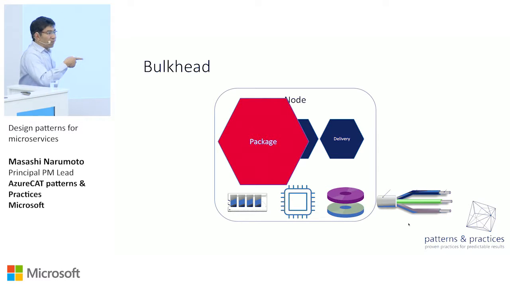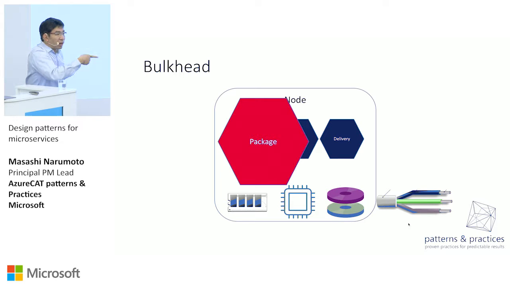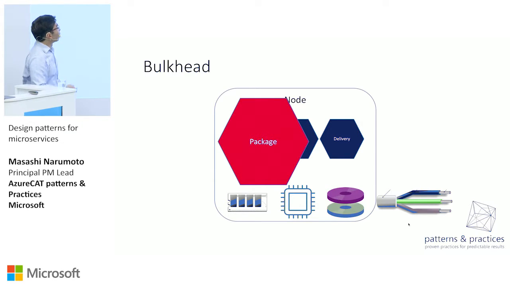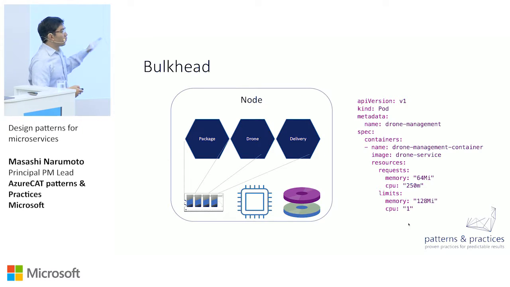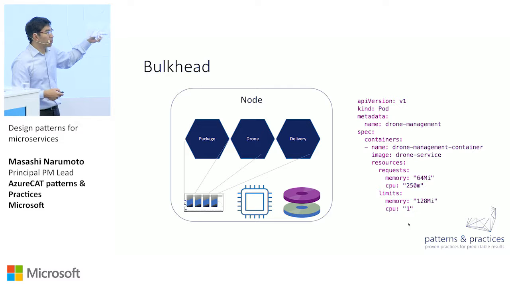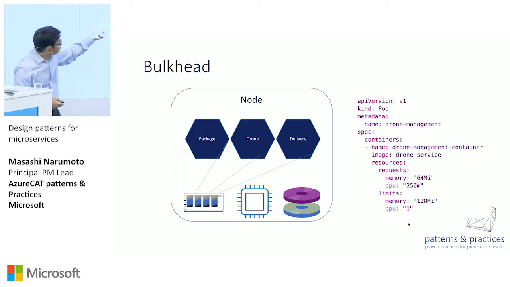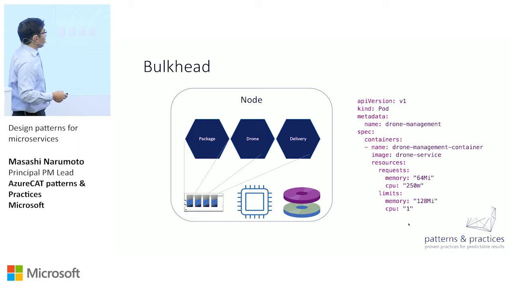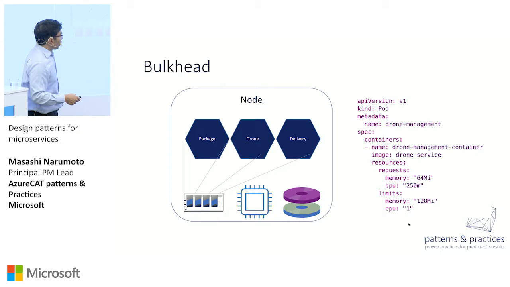And what if the package service starts dominating, consuming lots of resources? The other two guys cannot work, right? So the Bulkhead pattern is to configure the resource cap for each service. In this case, the drone service requires this memory usage, and also you can configure the limits.